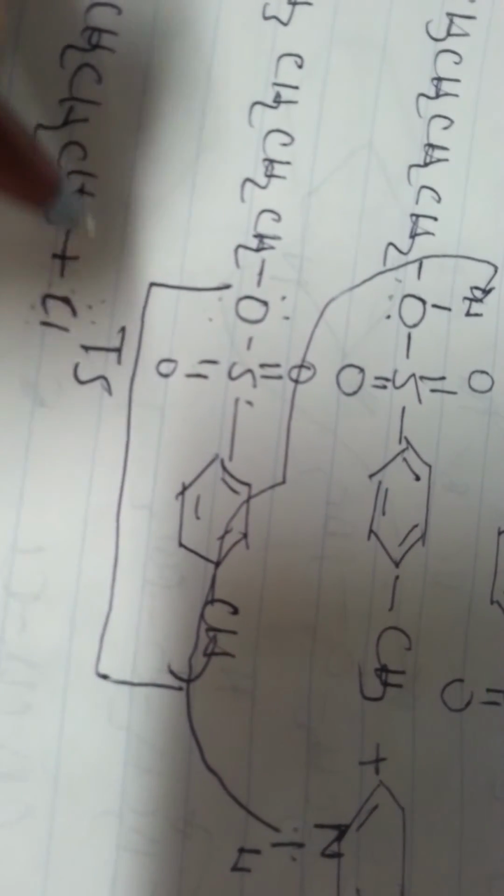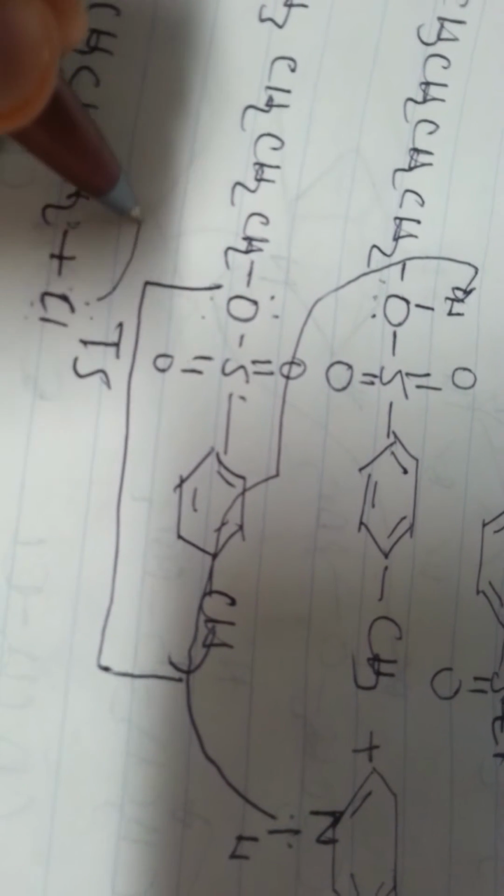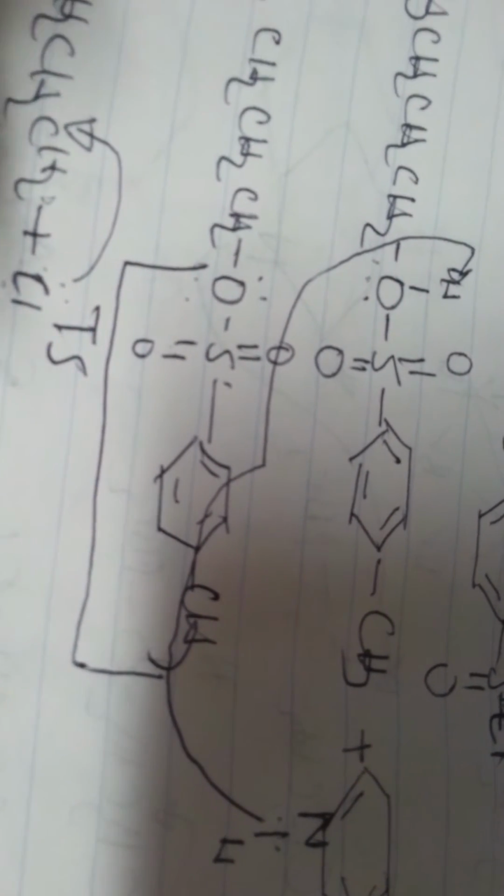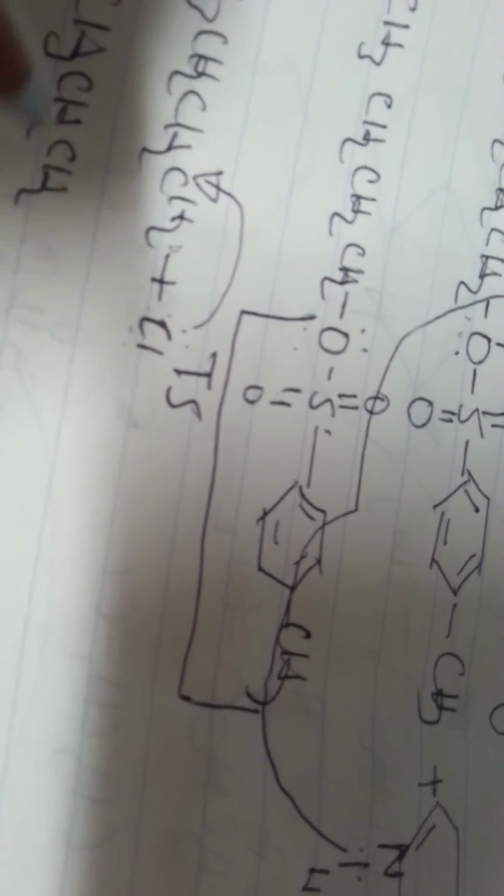And now, as you can see, the chlorine would attack this carbon here, and it would be CH3, CH2, CH2, CH2, bonded with Cl.